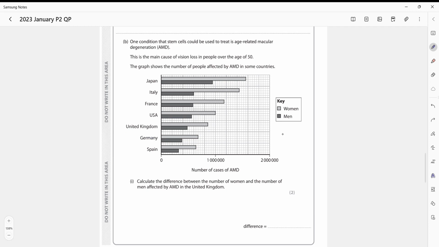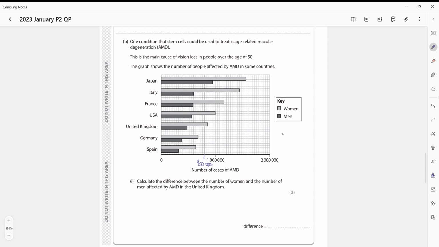Let's start off with the women first. Each of these lines represents 200,000, so this line here represents 800,000. If each large square represents about 200,000, and there are 5 smaller squares in the large square, then each smaller square represents 40,000.